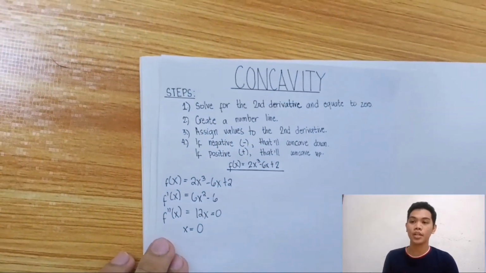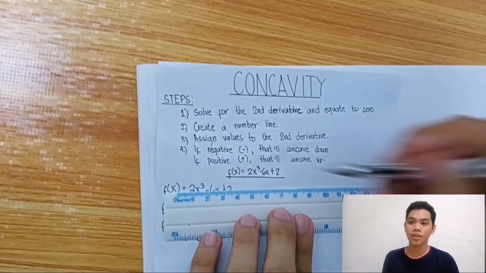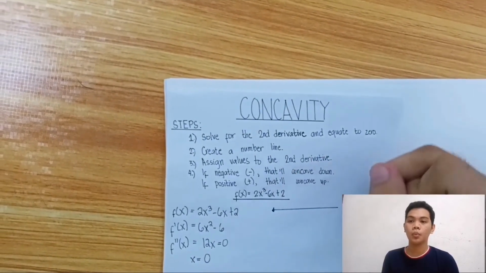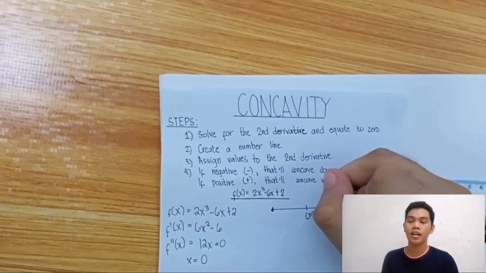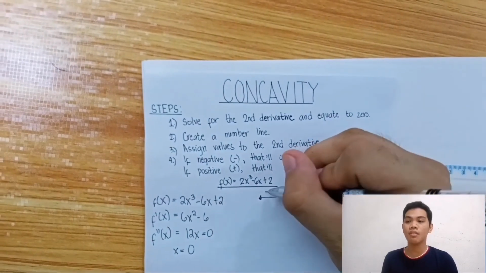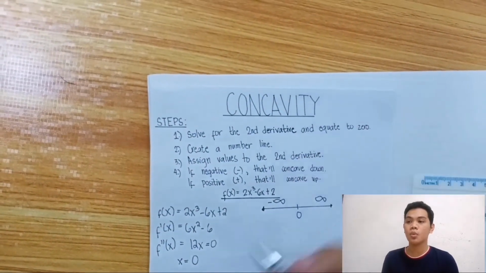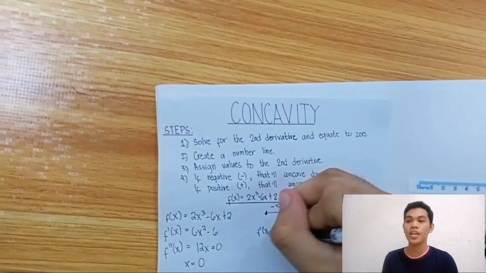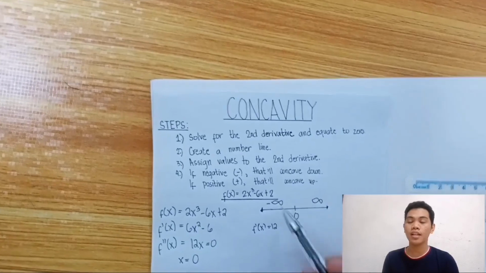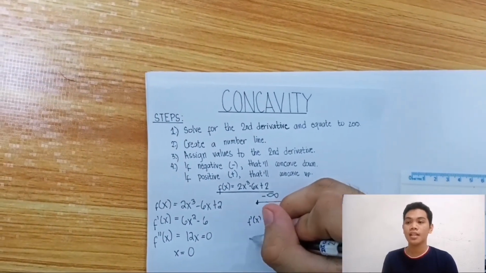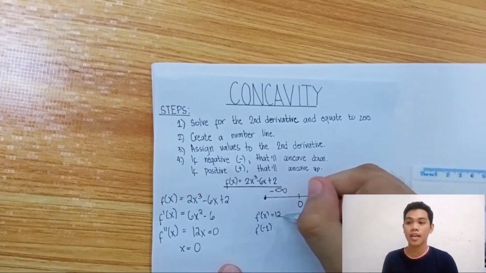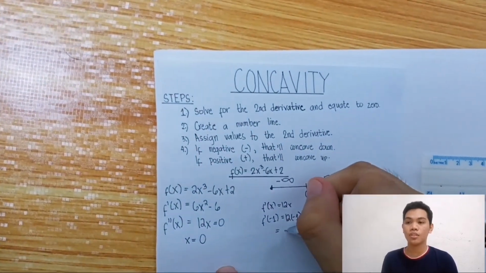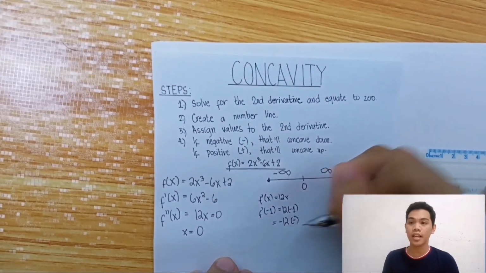So for step number 2, we create a number line. We put 0 at the center, positive infinity to the right side, and negative infinity to the left side. The second derivative is 12x. Then we assign values between negative infinity and 0. Let's say negative 1, then we substitute it to the x. Therefore, we get negative 12. That is negative, meaning it will be concave down.